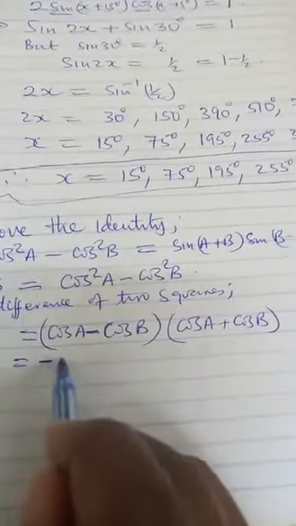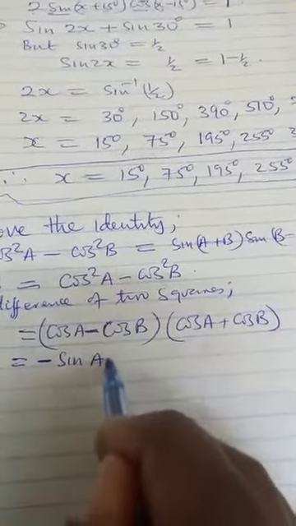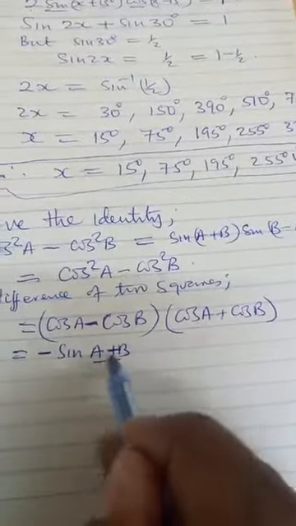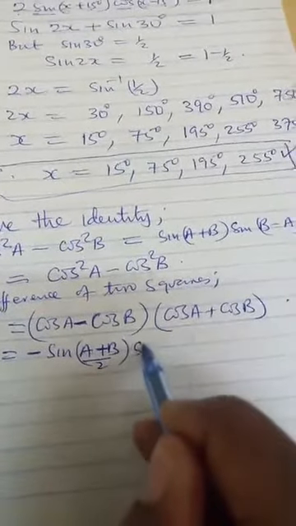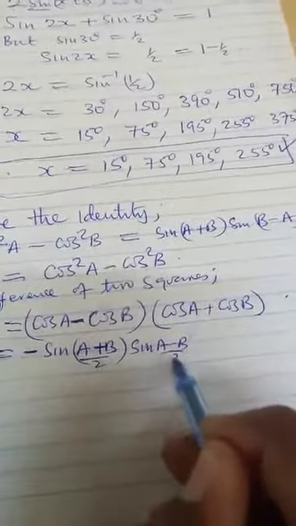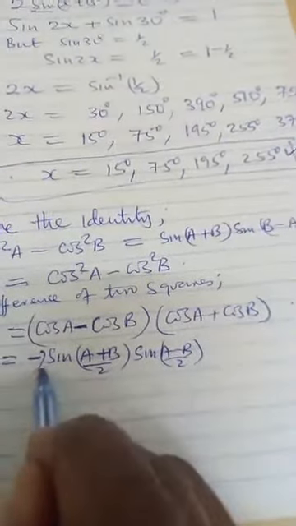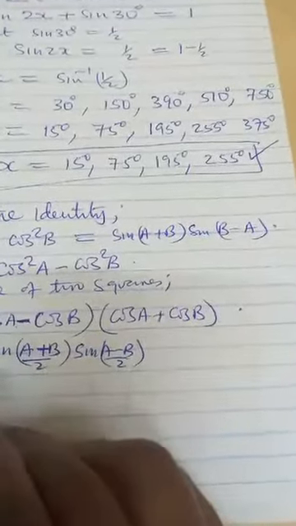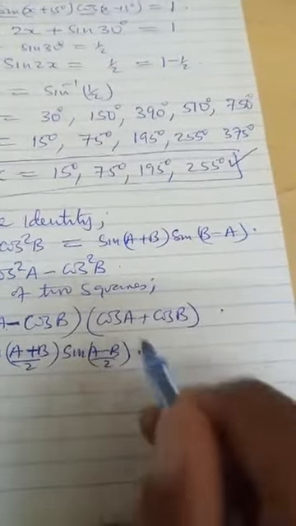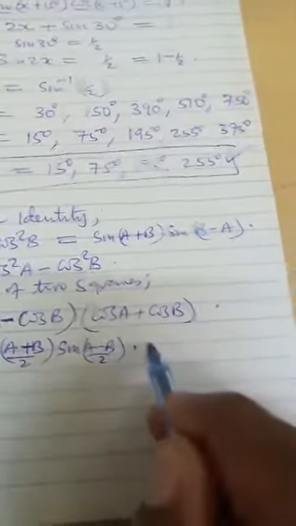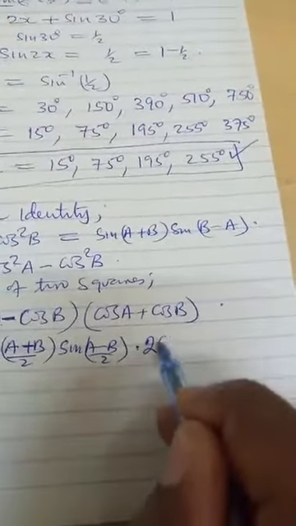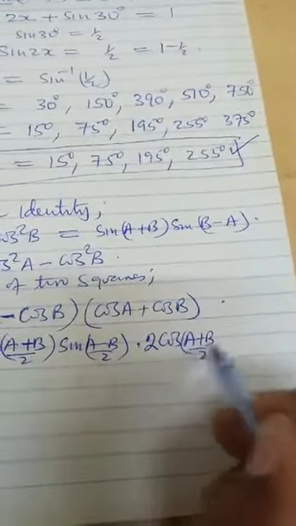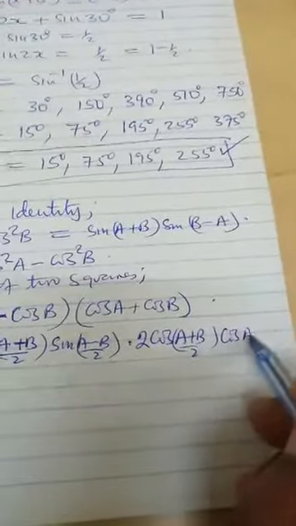It becomes minus sine of (A plus B) over 2 into sine of (A minus B) over 2 times 2. That is, cos minus cos is 2 sine times, it's a multiplication, and cos plus cos is 2 cos (A plus B) over 2 cos (A minus B) over 2.